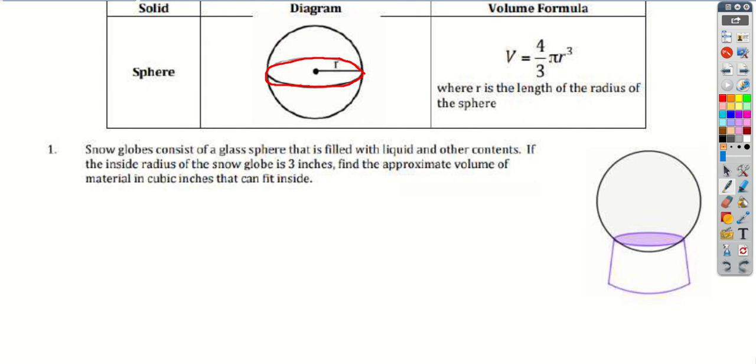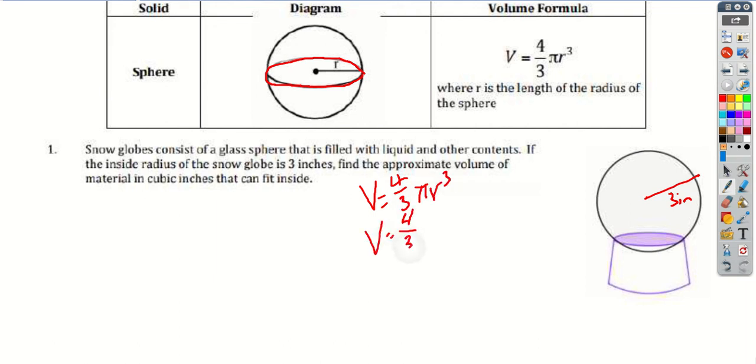Okay, so snow globes consist of a glass sphere. If it's completely filled with liquid, no air bubbles or anything inside, you know the radius is a length of 3 inches. We want to know the volume. So volume is 4/3 pi r cubed.